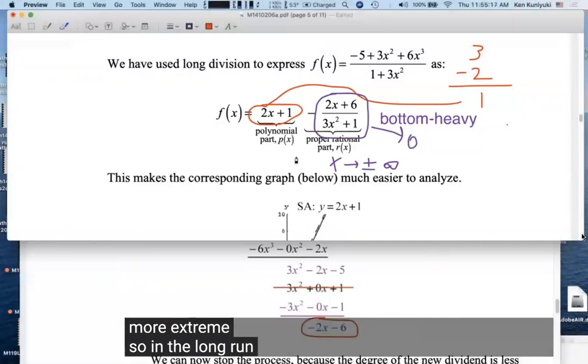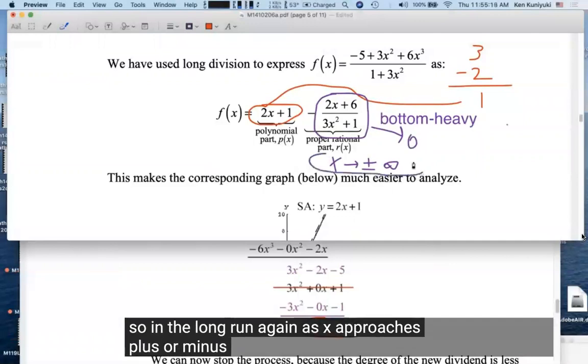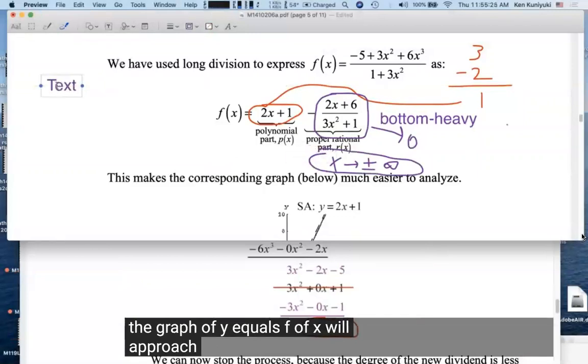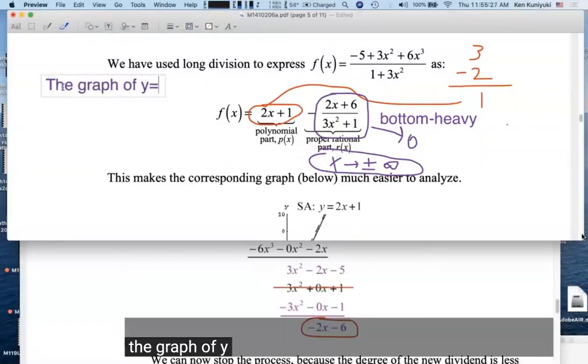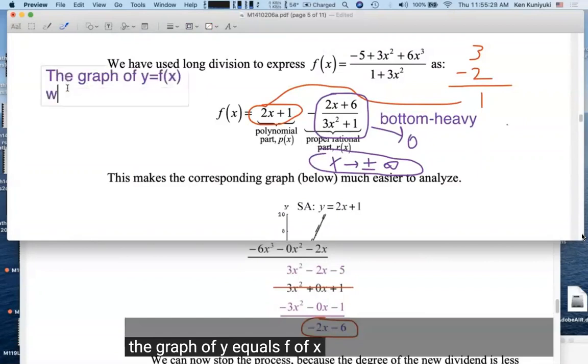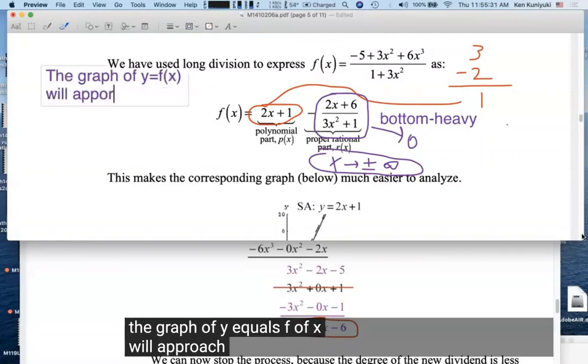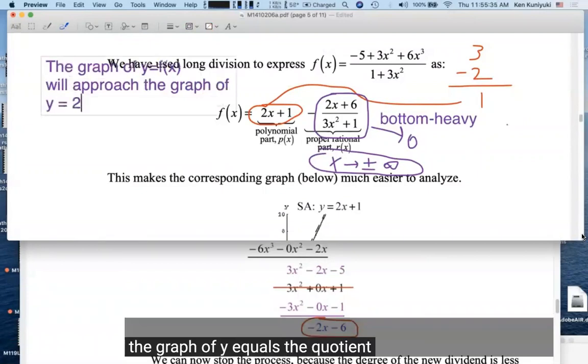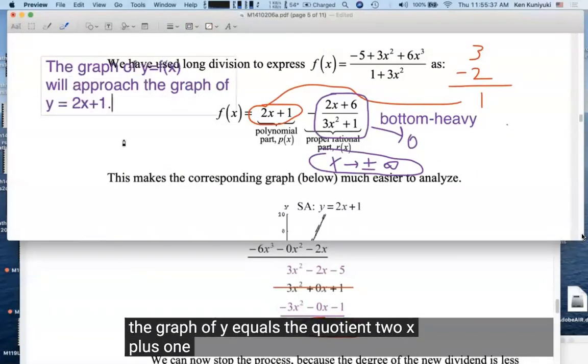So in the long run, as x approaches plus or minus infinity, the graph of y equals f of x will approach the graph of y equals the quotient, 2x plus 1.